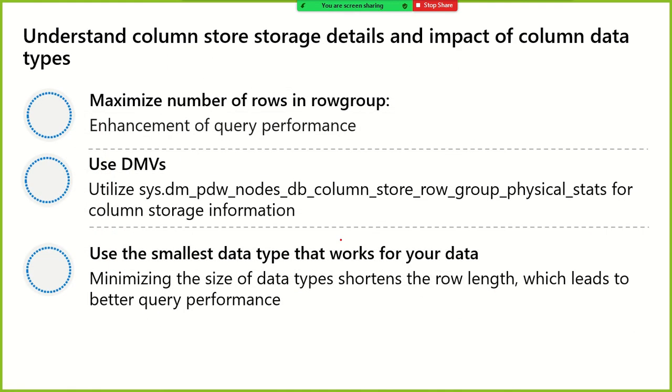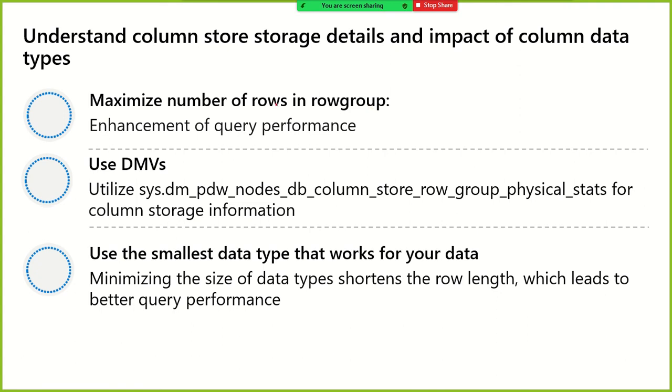All right, so how do we understand column store storage details and the impact of column type? Just as I was mentioning before, the column type is what determines the space that will be provisioned for storing data that will be inputted in a record. So we need to maximize the number of rows in a row group.